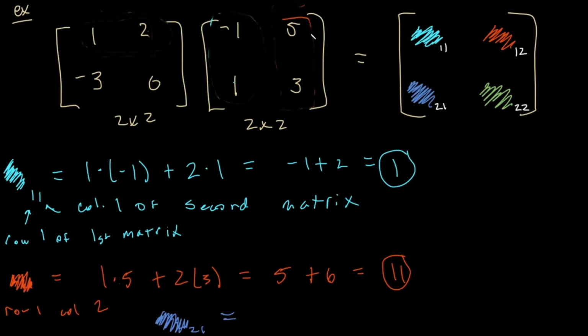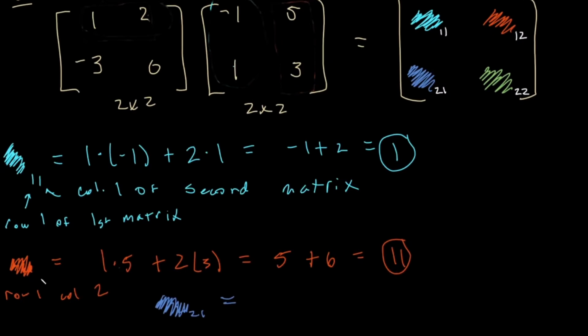Okay, so what's the index of blue? Well, it's row 2, column 1. So let's write that down. Row 2, column 1. That means I'm going to use row 2 and then column 1.